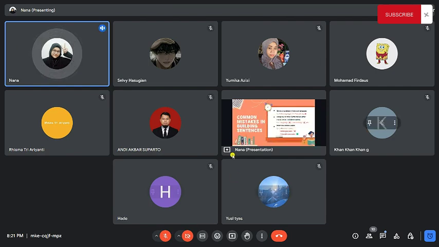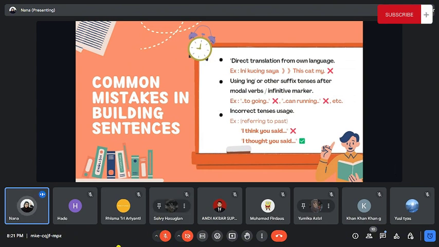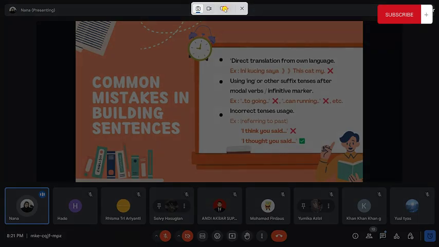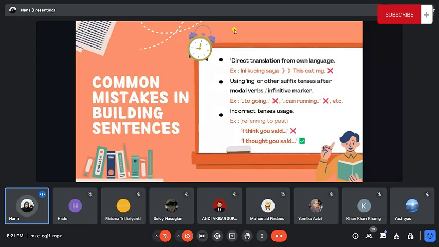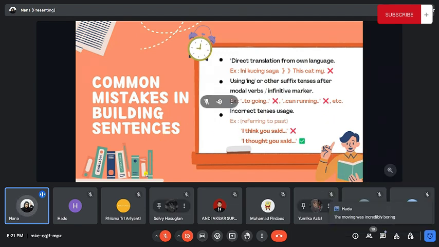Okay, now these are the common mistakes in building sentences. Actually, there are many more mistakes, but these are the ones I got based on what I read in the group chat and so on. The first one is direct translation from our own language, our mother tongue. This is wrong in building sentences.